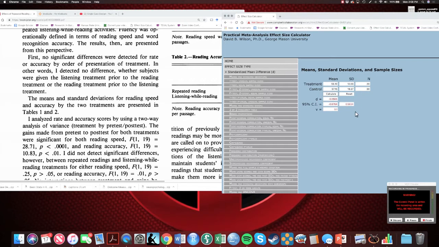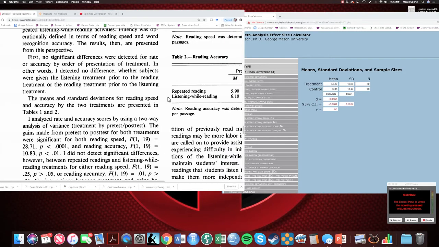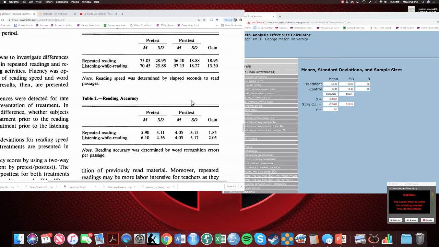Then I would calculate, and we can see that D was negative 0.5, which differs from what they said. They said, and they're right to a certain extent, that their repeated reading did better. And if we look at the gain score, it did do better.